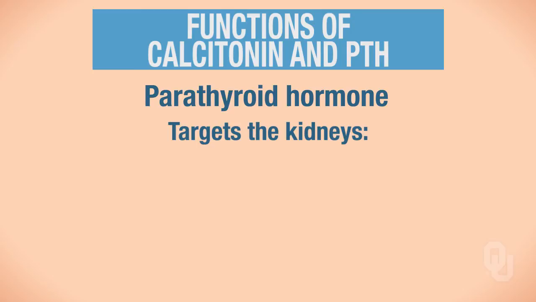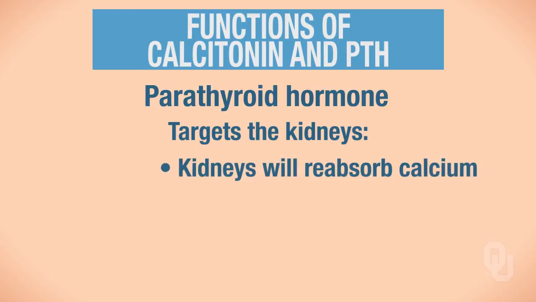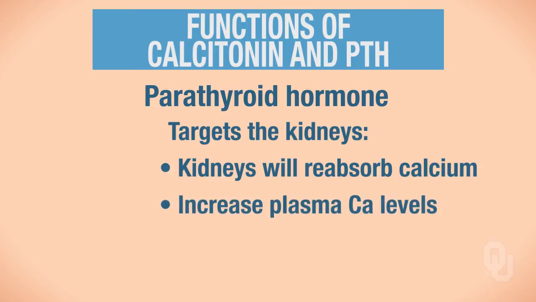When it targets the kidneys, we reabsorb calcium, and when we reabsorb calcium, that will increase our plasma calcium levels. So as you can see, calcitonin and PTH do just the opposite. We want to maintain our calcium levels in both the intracellular and extracellular fluid, as well as the plasma. We have to maintain those levels. Too little or too much calcium can be a bad thing.